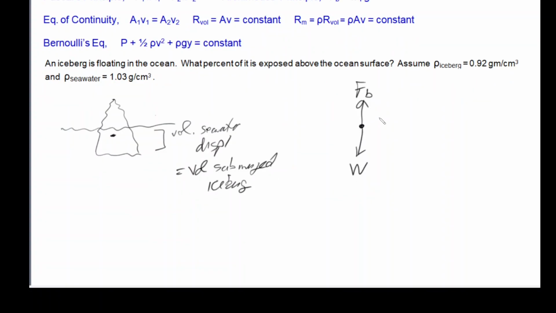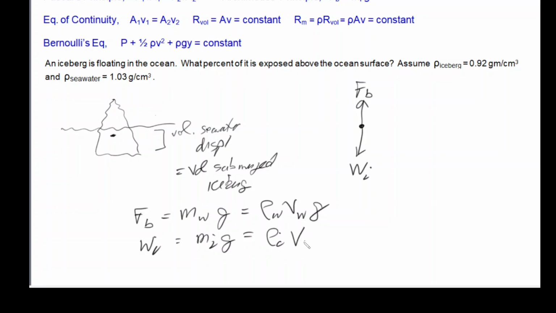So we'll call that weight of the iceberg. So the buoyancy force is equal to the mass of the water displaced times g, which in this case is density of the water times the volume of the water times g. And the weight of the iceberg is equal to the mass of the iceberg times g, which is equal to the density of the iceberg times the volume of the iceberg times g.